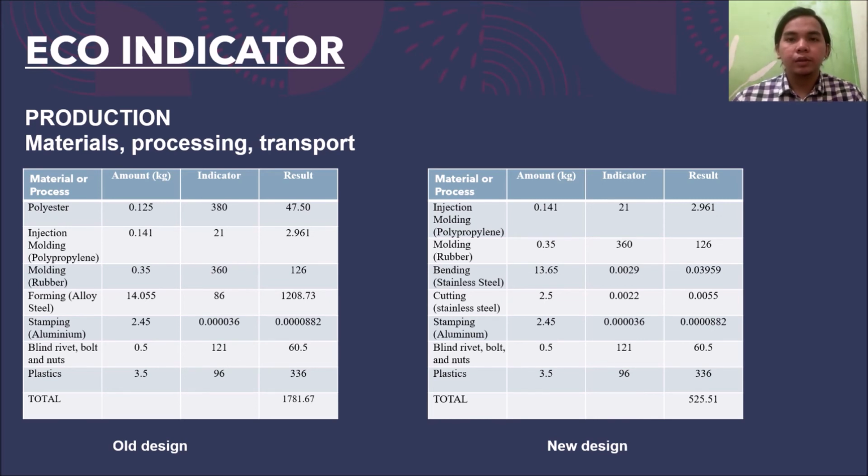The result of the new design is lower because we reduced the amount of materials used from the old design, like the polyester and the alloy steel, and replaced them with simpler and more sustainable materials that are easy to design. Not only that, we also considered the ability to dispose of the materials we chose, but that will be displayed on another slide.